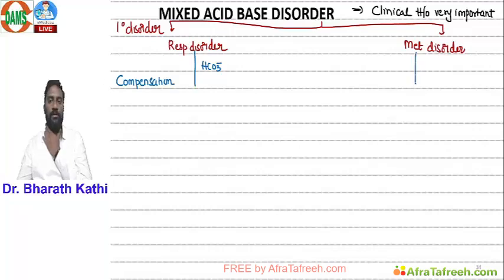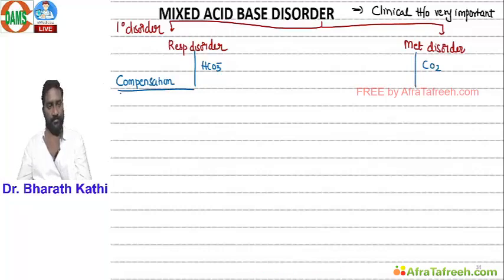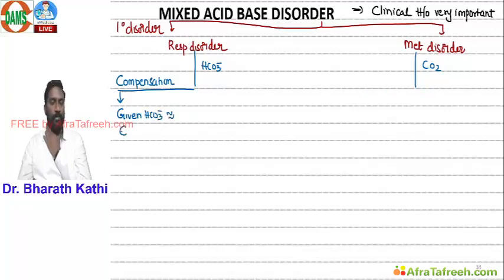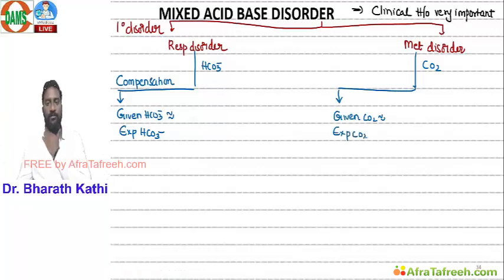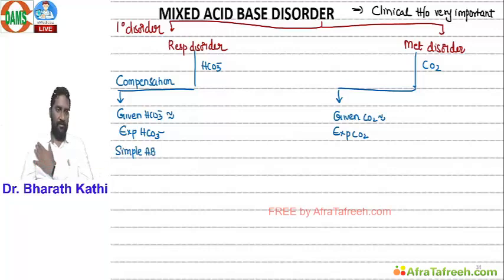Here it will be respiratory. In the majority, given bicarbonate correlates with expected bicarbonate. On this side, given CO2 correlates with expected CO2. If given and expected are correlating, it is a simple acid-base disorder.